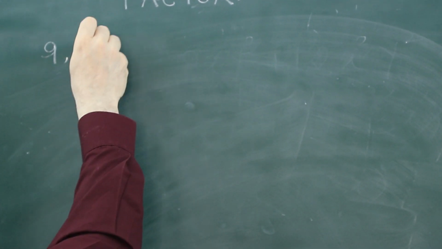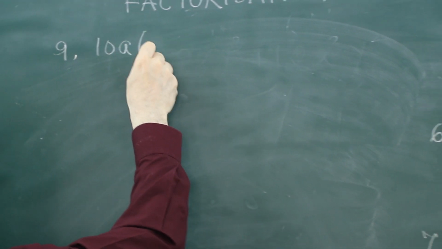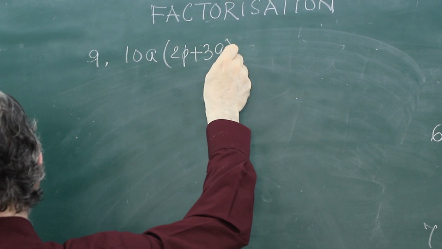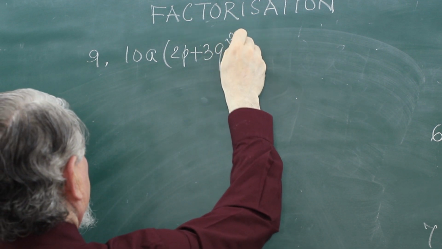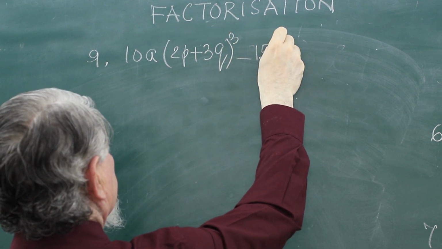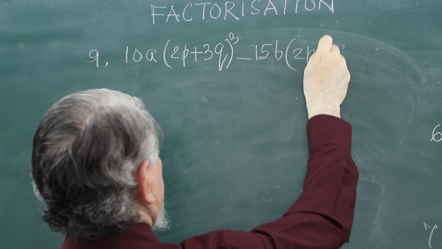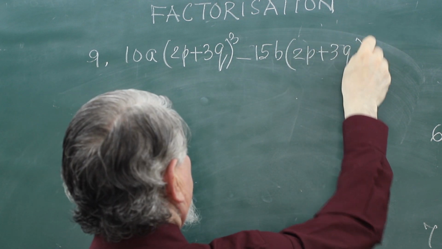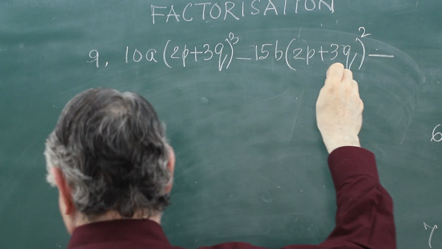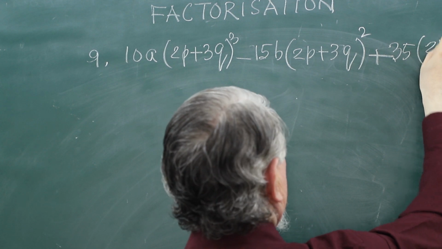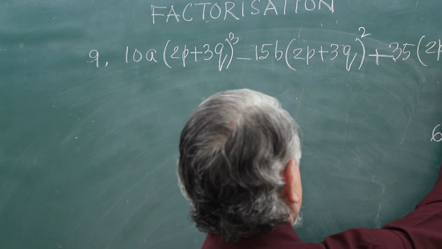Question number 9 is 10a(2p + 3q)^3 − 15b(2p + 3q)^2 + 35(2p + 3q).